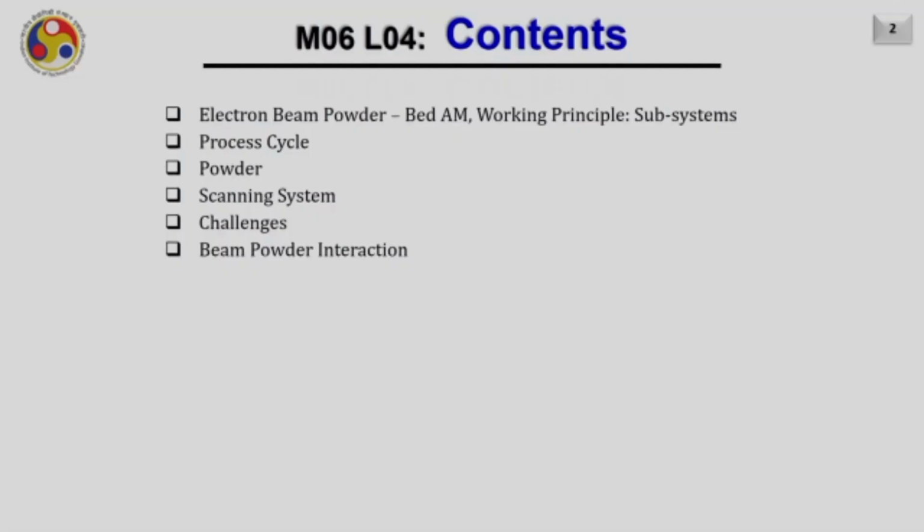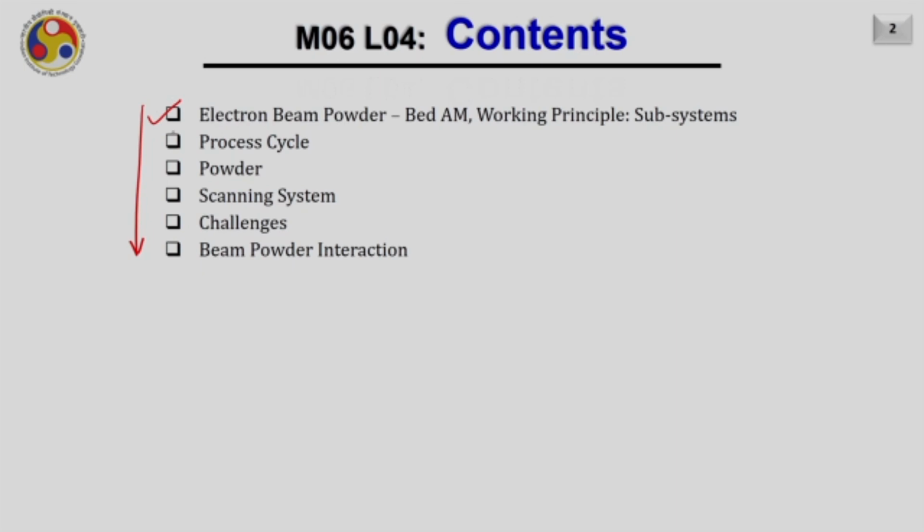Welcome to the fourth lecture of Module 6, which is on electron beam based powder bed additive manufacturing. In this lecture today, we shall discuss the following topics. First, the electron beam based powder bed additive manufacturing system, its working principle and subsystems.